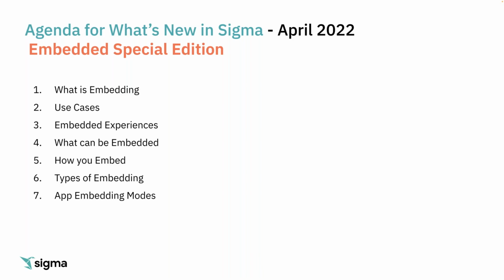A little background here: I've been with Sigma almost 2.5 years now, and about a year and a half, 2 years ago, Sigma came out with our first embedding offering, back before we even had workbooks, when we were just doing dashboards. That was mainly static dashboard embedding. And I've been very close to our embedding solution ever since then.